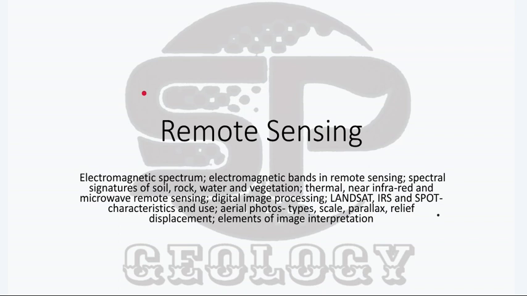Apart from that, give examples in your daily life by which you are using remote sensing. Think and give examples. Microwave cooker, that is remote sensing. Okay, microwave oven, you said it.